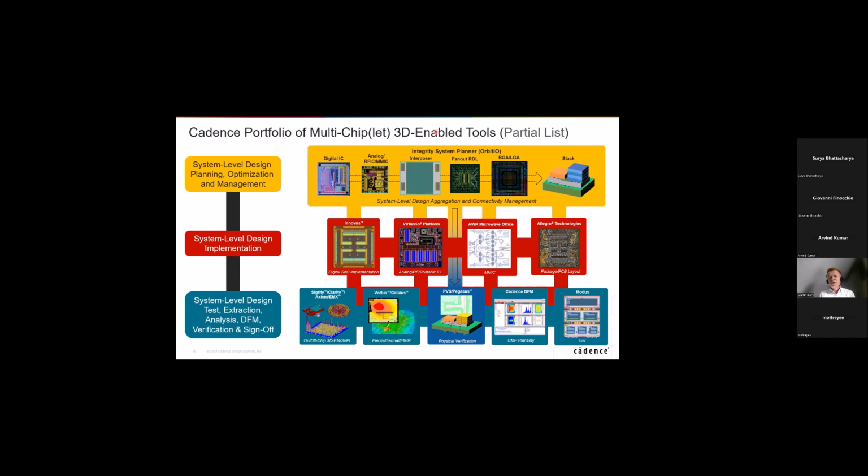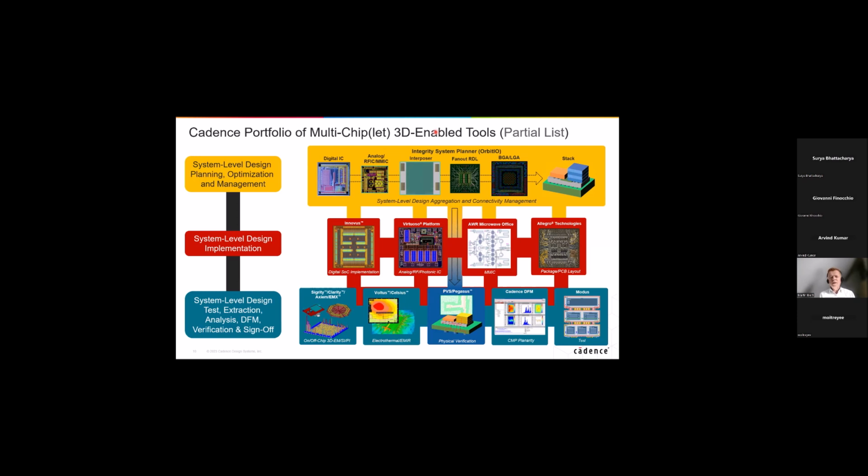So on the front end side, it's a product called Integrity System Planner that would allow you to seamlessly build up your system with the dies, interposers. It's an open interface. You can import LEF/DEF or native databases, but you can also start from scratch importing Excel files, text files to have your bump arrangements, or you come up with a floor plan in the tool itself.